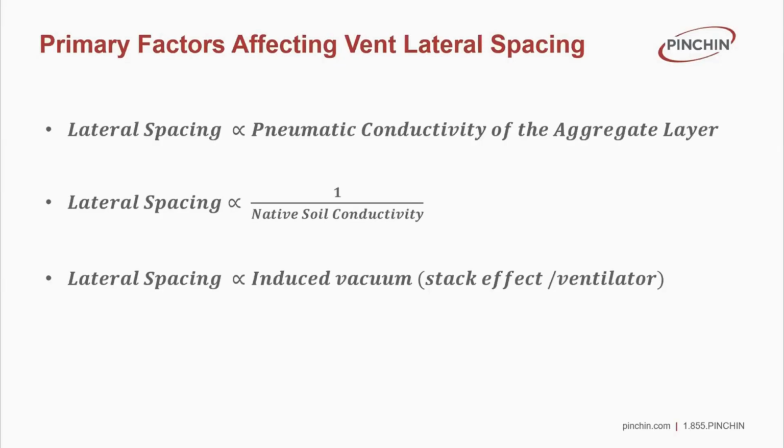And it is inversely proportional to native soil conductivity. This is something we most often don't pay as much attention to, and it needs attention: the tighter the native soil, the farther away the spacing can be, and the more conductive the native soil is, the closer the spacing needs to be.